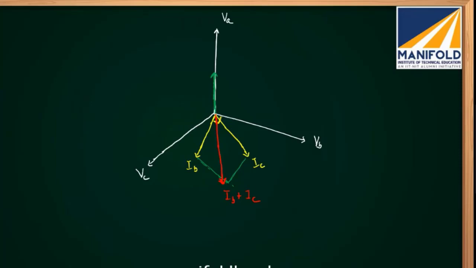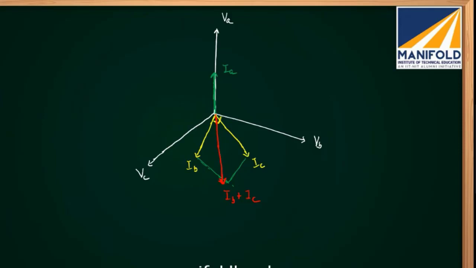Here what is happening? The current IA is exactly in phase opposition with the current IB plus IC. That's what is happening because of such a type of connection.